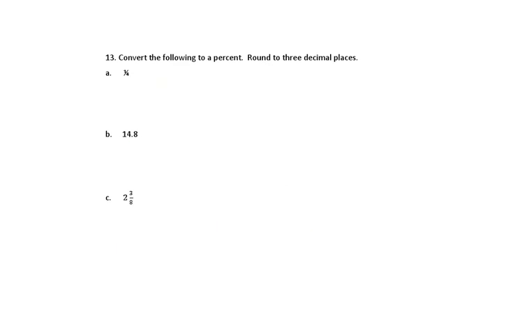Alright, in order to change to percent, what we have to do is multiply by 100. So first, 1/4 times 100 is the same as 100 over 4, which divides out to be 25%. 14.8 times 100 is 1,480.